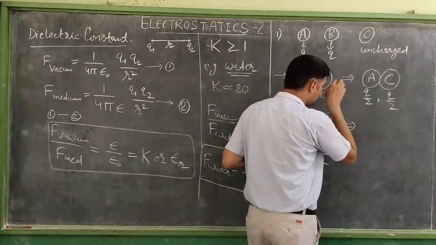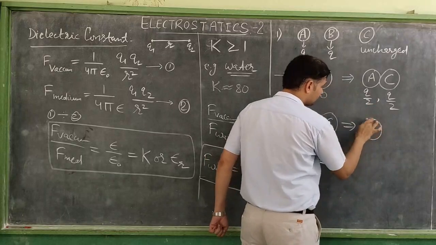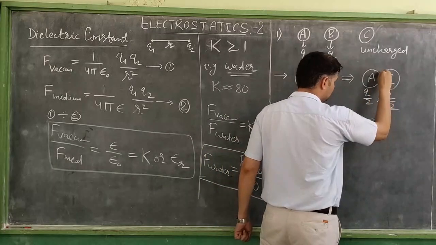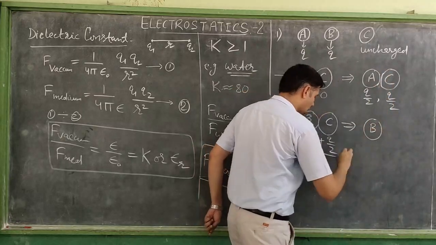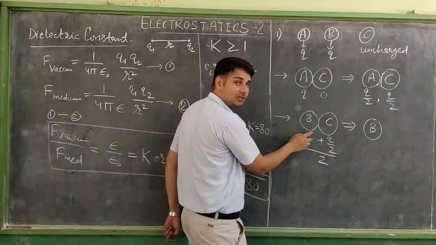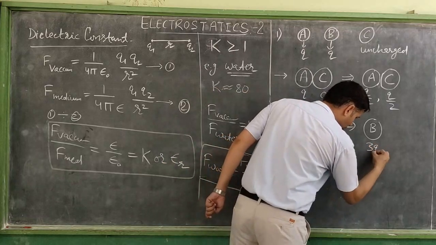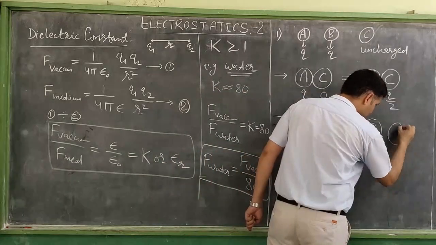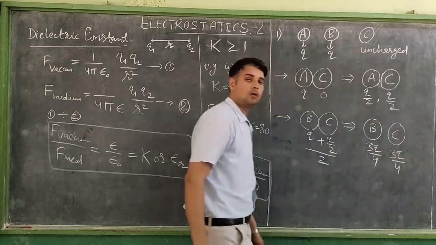After this, metal sphere B will have charge Q plus Q by 2, so it is 3Q by 2 divided by 2, that is 3Q divided by 4. Similarly, metal sphere C will have the same charge, 3Q divided by 4.